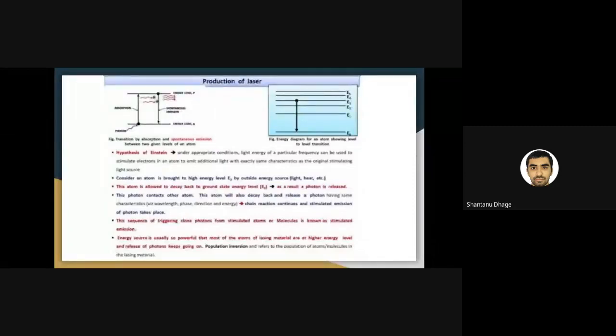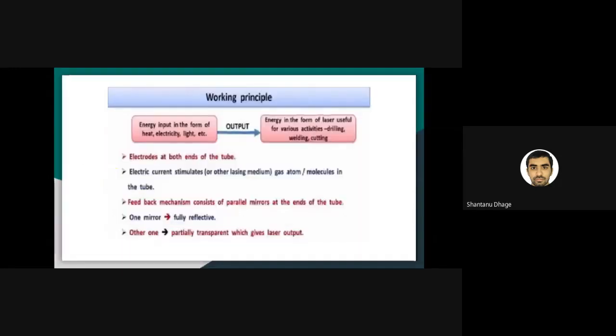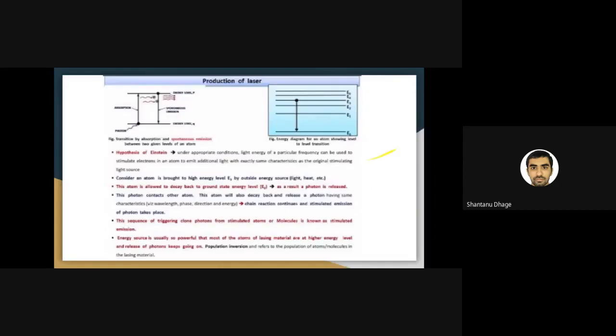Whatever energy source is used is usually so powerful that most of the atoms of the lasing material are at a high energy level, and they will release photons. That keeps going on.